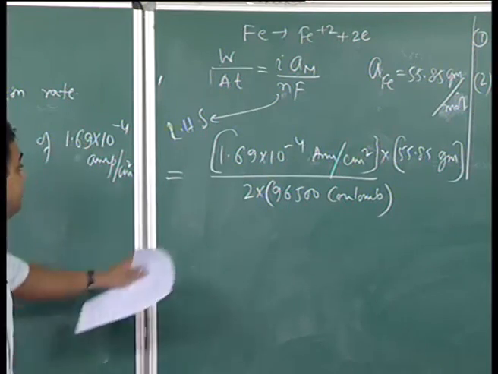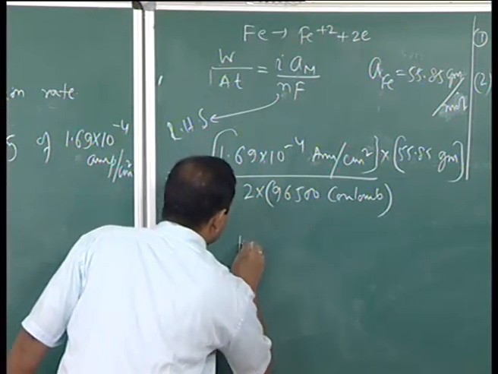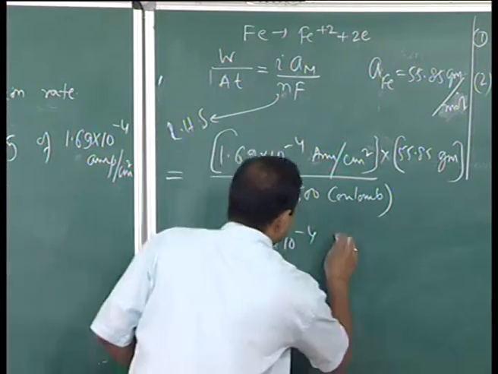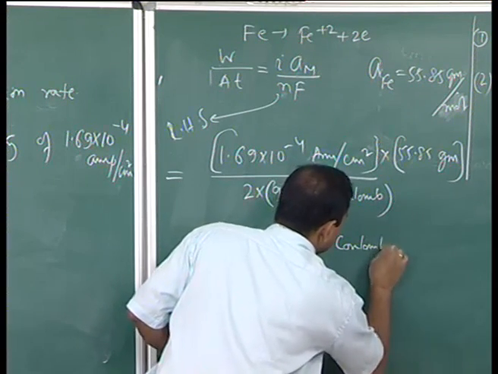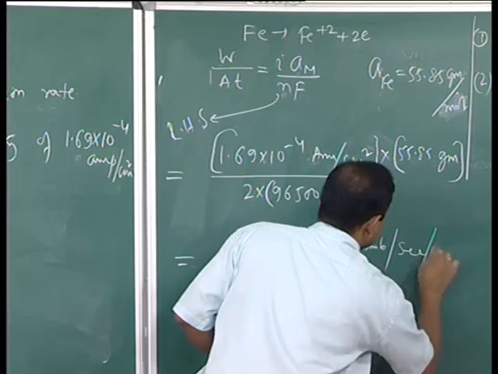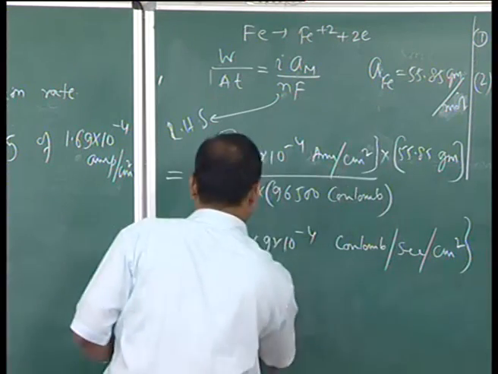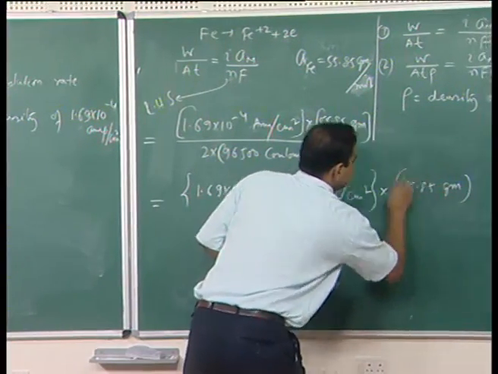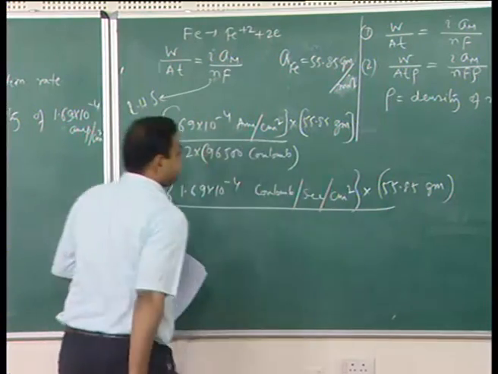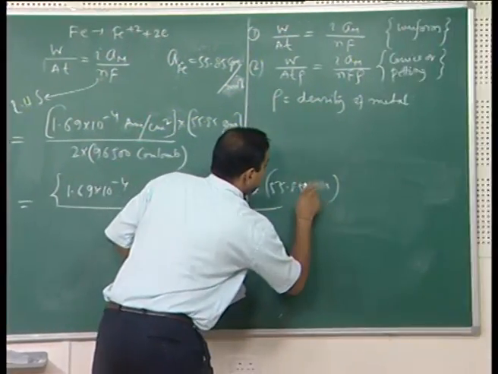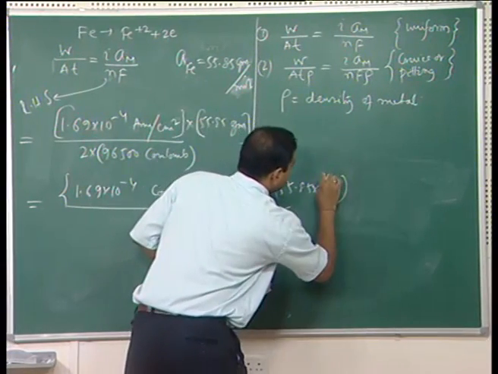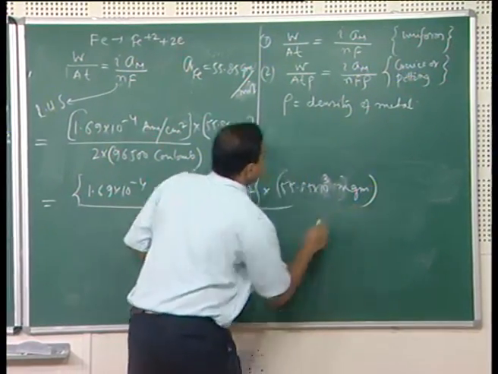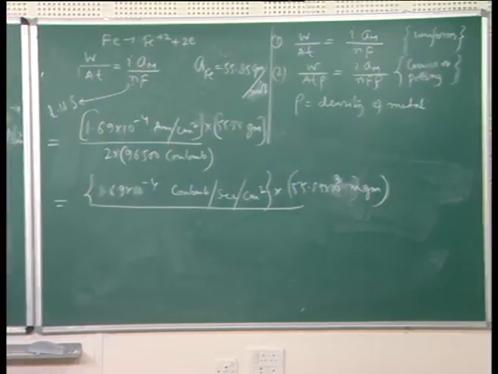Now, I can write this in the form of 1.69 into 10 to the power minus 4 coulomb per second per centimeter square into 55.85 gram, divided by 2 into 96500 coulomb, into 10 to the power 3 milligram, since MDD is nothing but milligram per decimeter square per day.